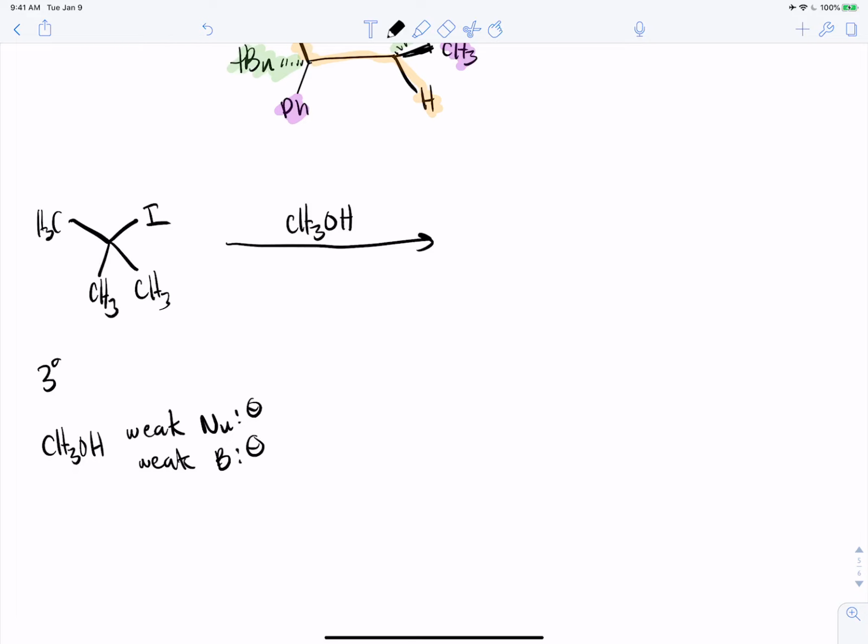Yeah, so I think this is a very clear example of SN1/E1. There's really nothing else it could be. So if this was a strong base, we would see E2. Even with a strong nucleophile, this would still go SN1/E1.